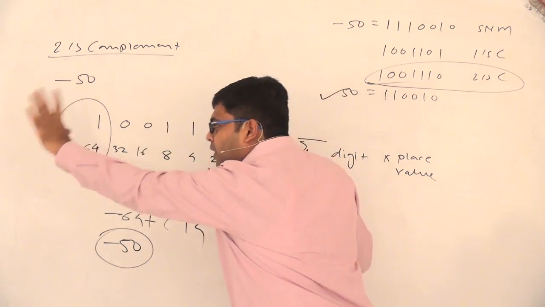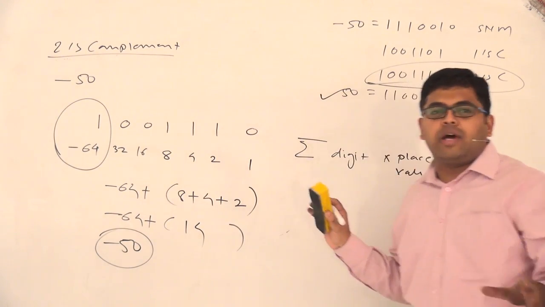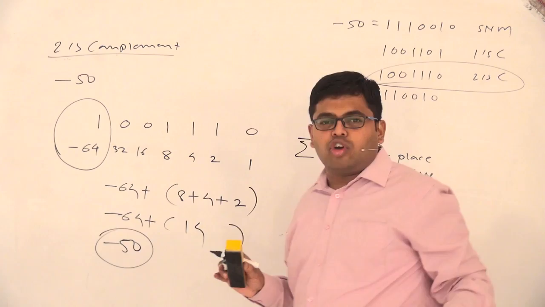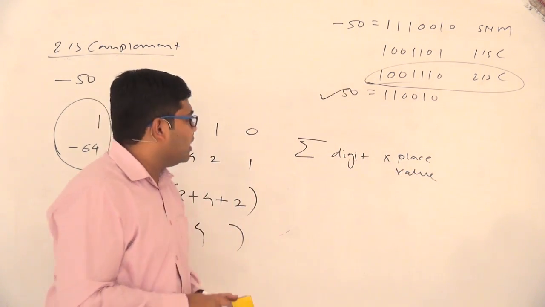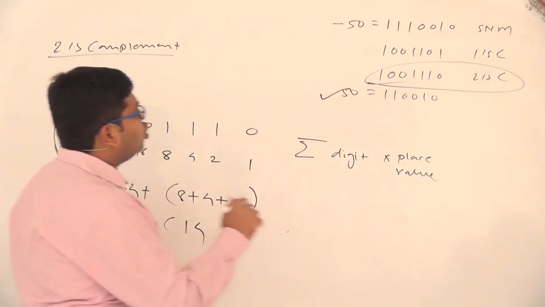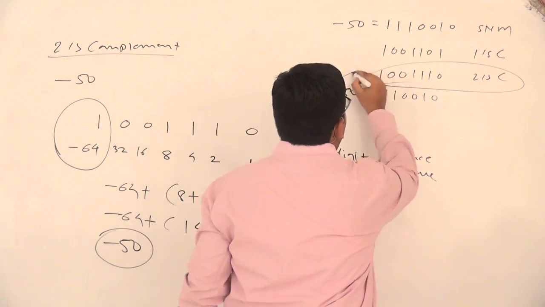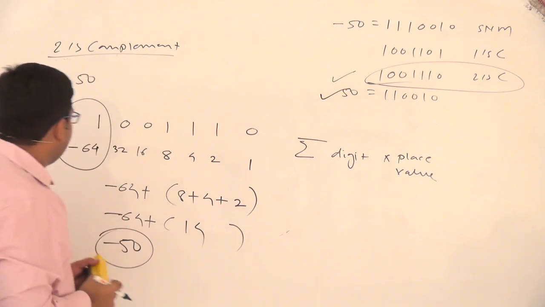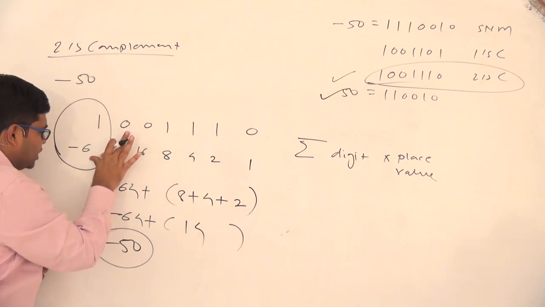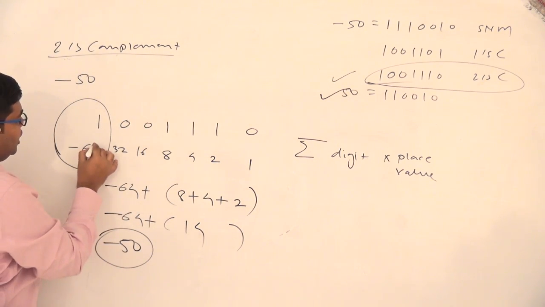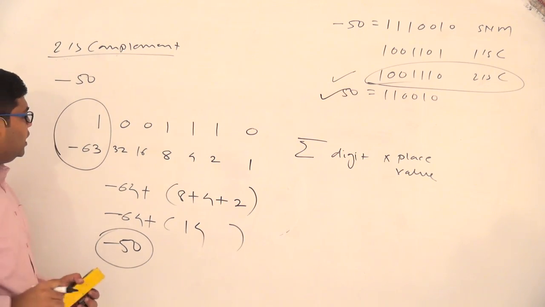The last place value will change as far as 1's complement and 2's complement representations are concerned. Now this is about 2's complement representation. And finally, in 1's complement representation, instead of going for minus 64, you should treat this value as minus 63.